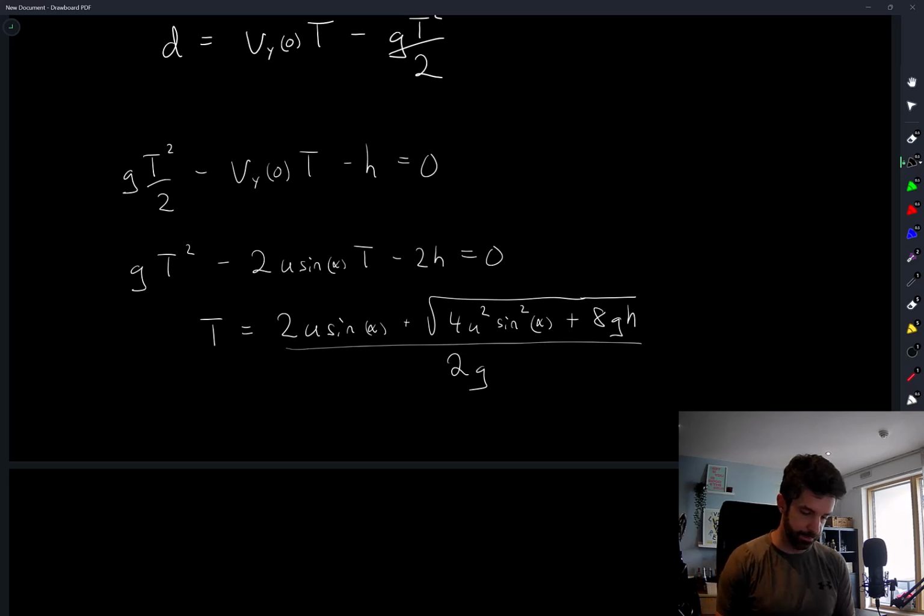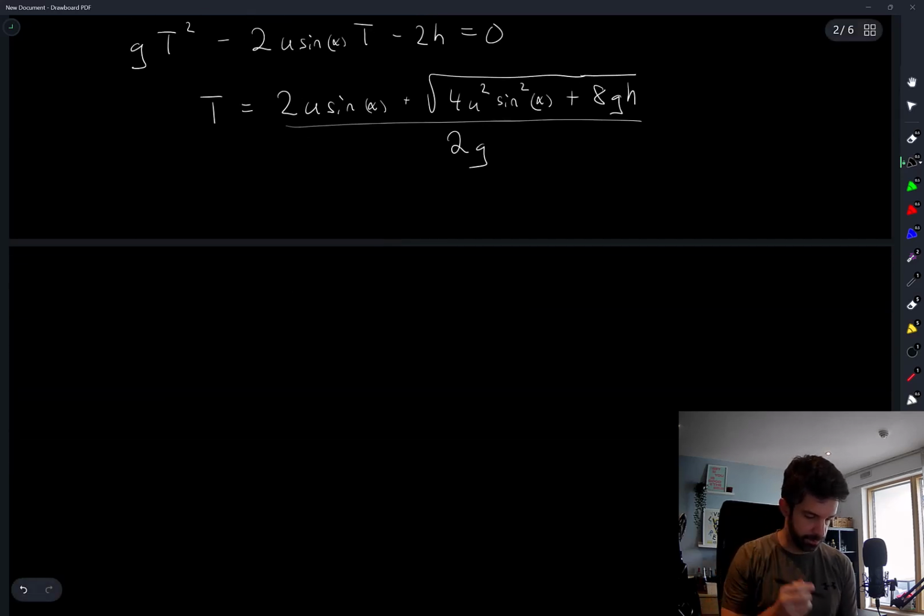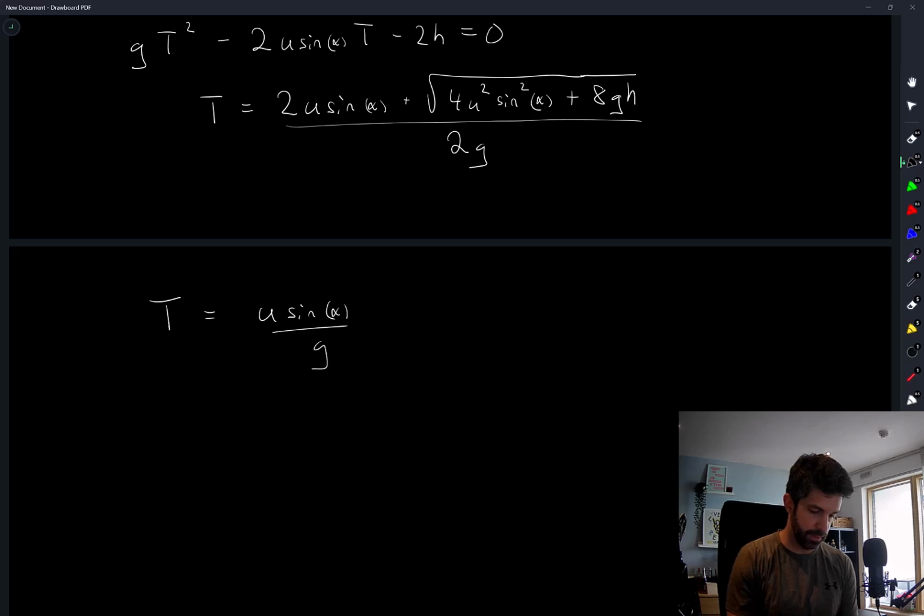That should work. And we probably have some simplification. So capital T is u sine alpha over g plus u squared sine squared alpha plus 2gh in a square root, again divided by g.